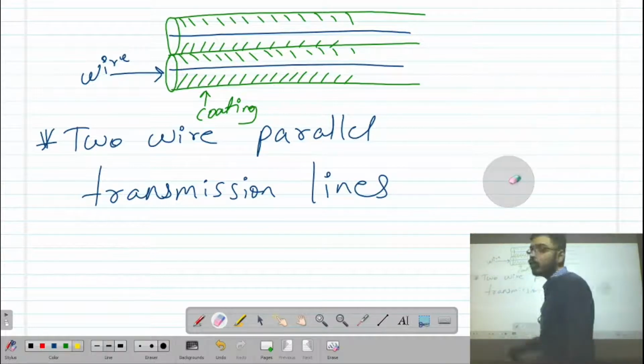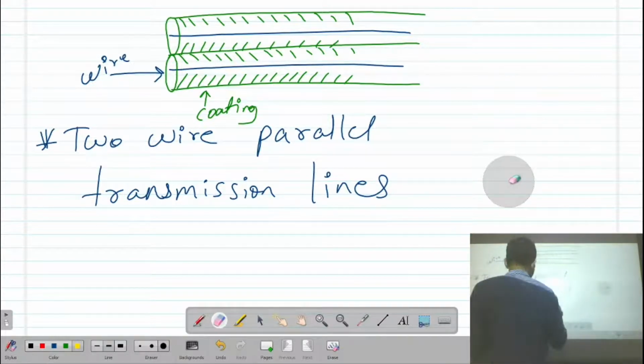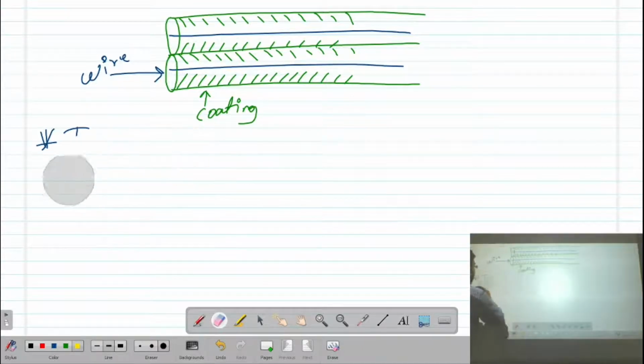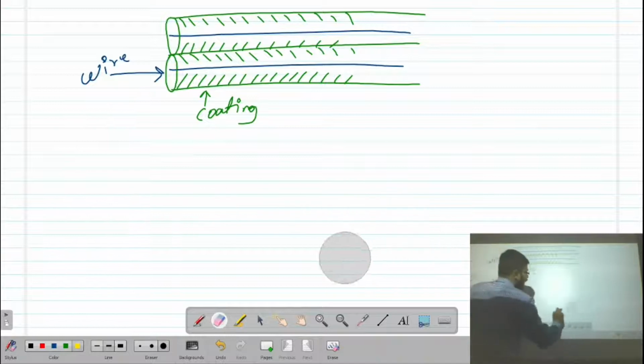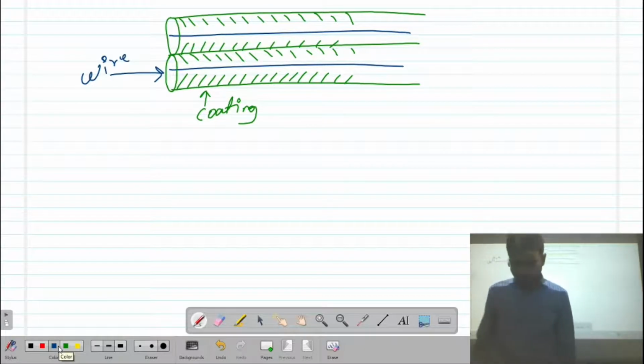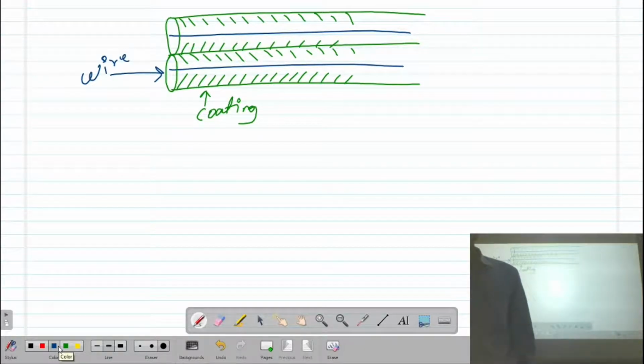Now, this two-wire transmission line we will be carrying out in our unit, and if we go ahead with this, they are usually balanced transmission lines.